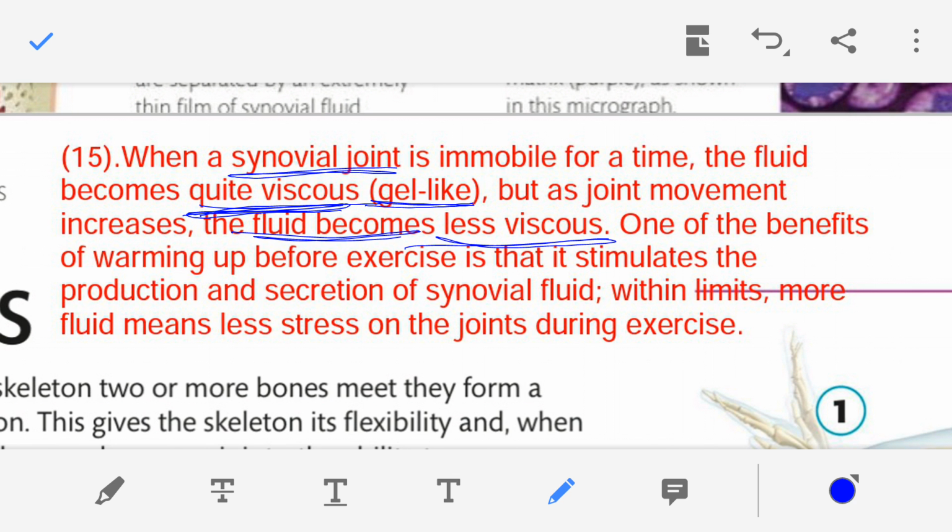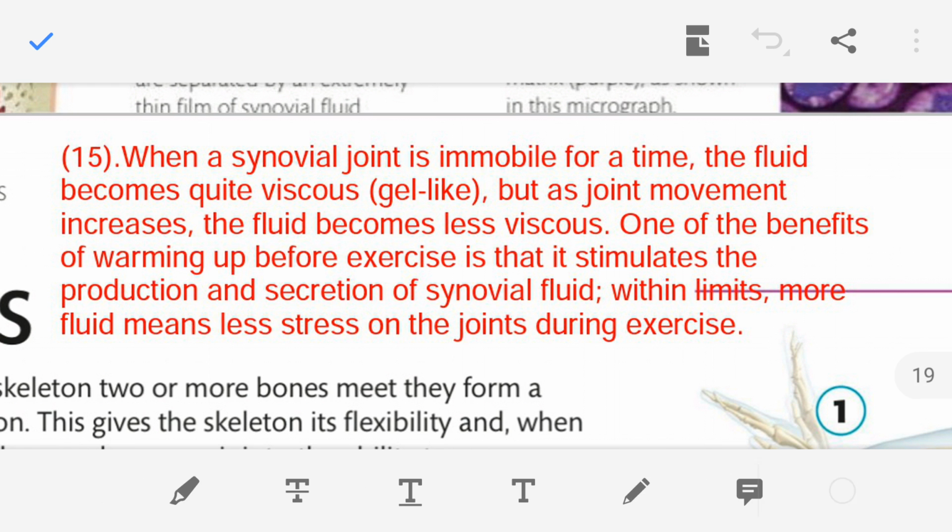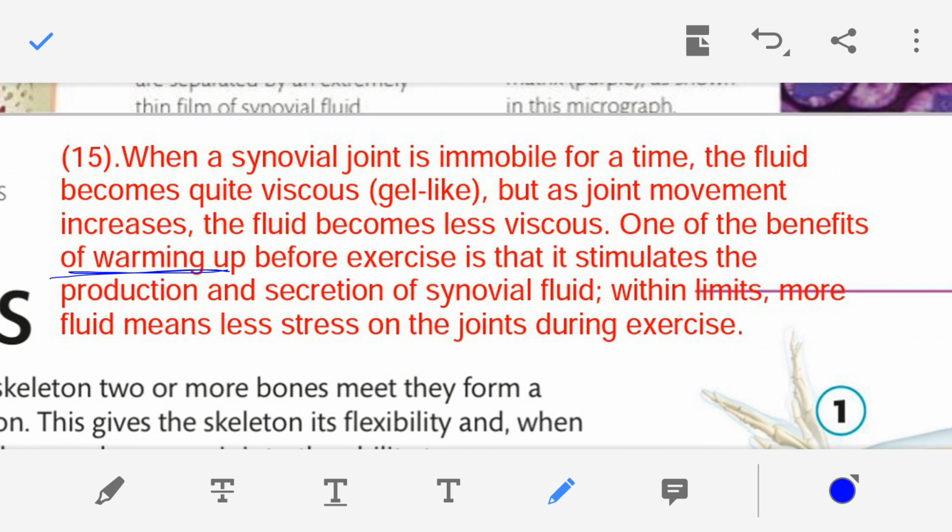So that's why it is said that before we do exercises, let's say we go to the gym, we should not perform direct exercise, but before that we should do some warm up exercise. Because when we do the warm up, the viscous gel like synovial fluid becomes less viscous.